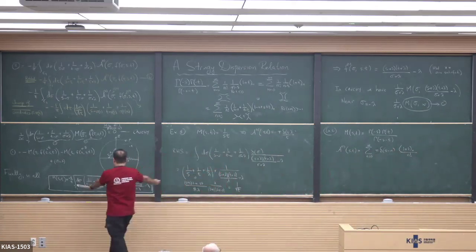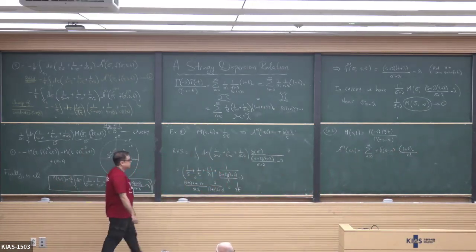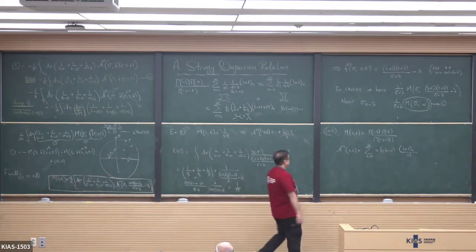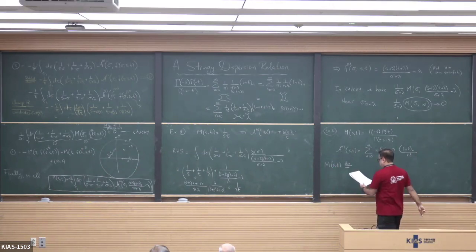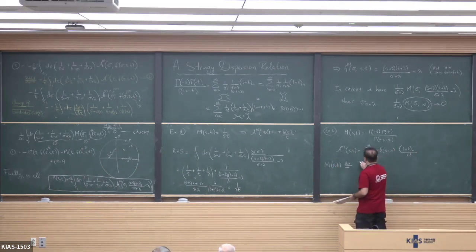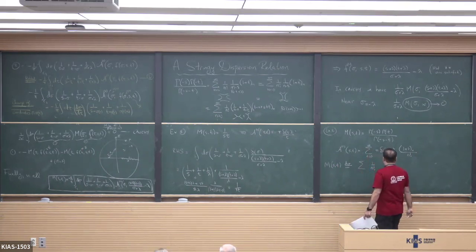We just plug this in here, and so M of s,t, using the dispersion relation, you can just read off what it is going to be. There is going to be a sum over 1 over n factorial, and every time I see a sigma, I replace it with an n.